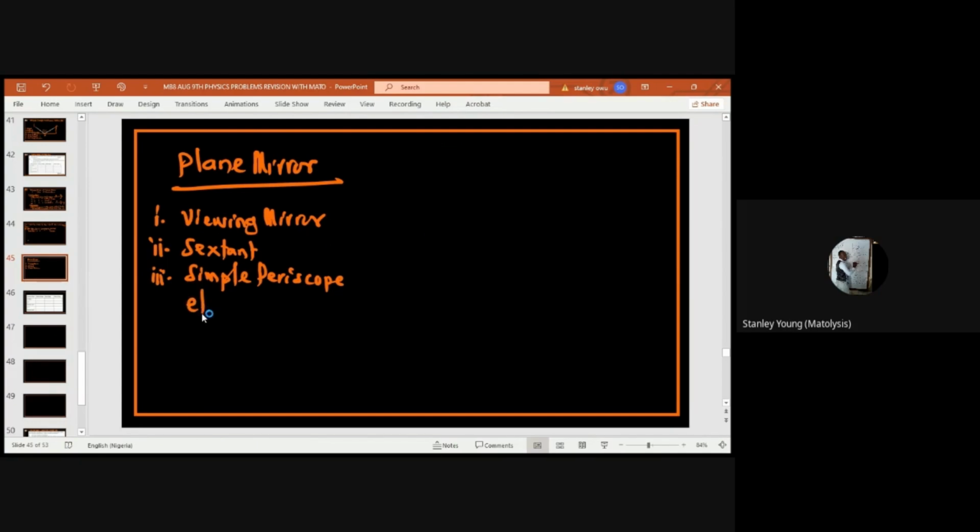Then etc. The question just needs two from you. And we have a concave mirror. So a concave mirror can be used as a shaving mirror.